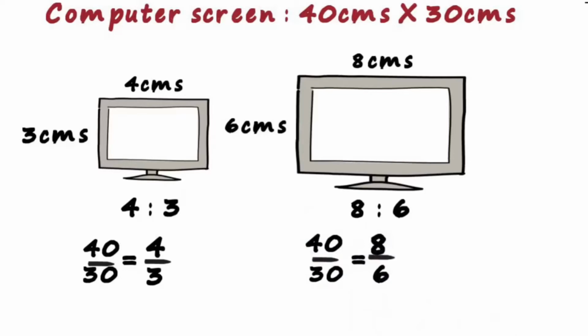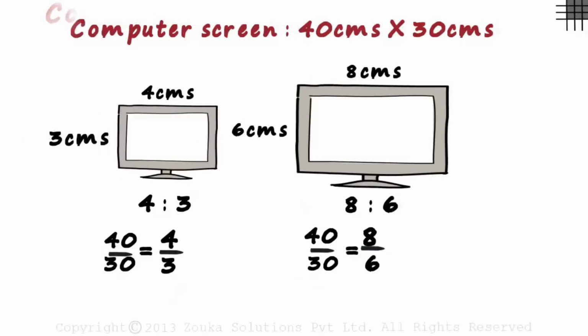So we have 8 over 6, so the ratio is 8 to 6. But when you look at 8 over 6 and 4 over 3, they are the same ratio because 8 over 6 is an equivalent fraction of 4 over 3. So the three ratios are equal because one is an equivalent fraction of the other.